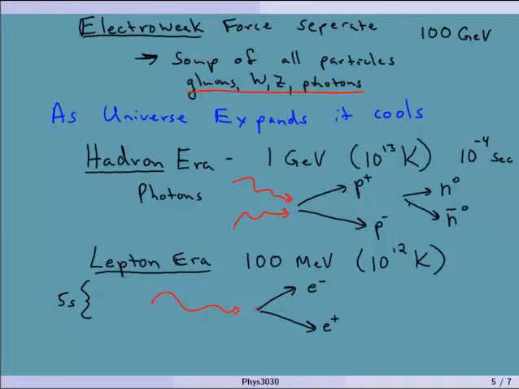This is a very important era because of these electrons and positrons. Remember, we don't have positrons and electrons, or protons and antiprotons and neutrons, until this Hadron era. Until after the electroweak force separates out, we don't really get these things forming.